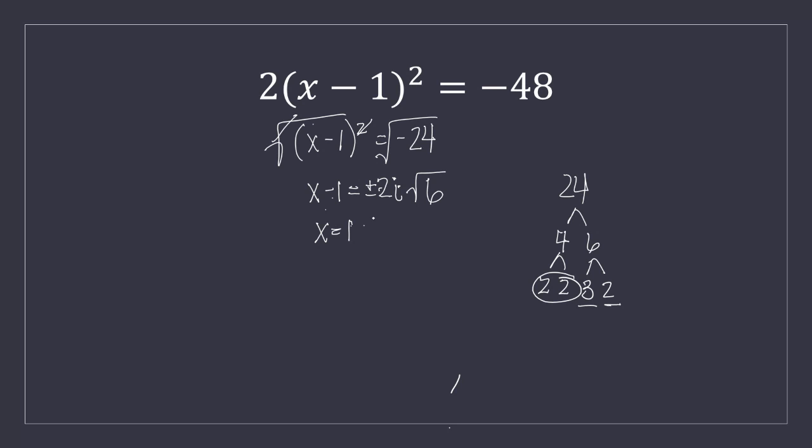So now I have 1 plus or minus 2i square root of 6. So all I really did was move that 1 to the other side and change its sign, okay? I'm not actually adding it to anything. You cannot combine 1 and 2i. That's not possible. Remember, we talked about complex numbers. Your real part and your imaginary part cannot be combined. So we're just going to leave our answer like this.